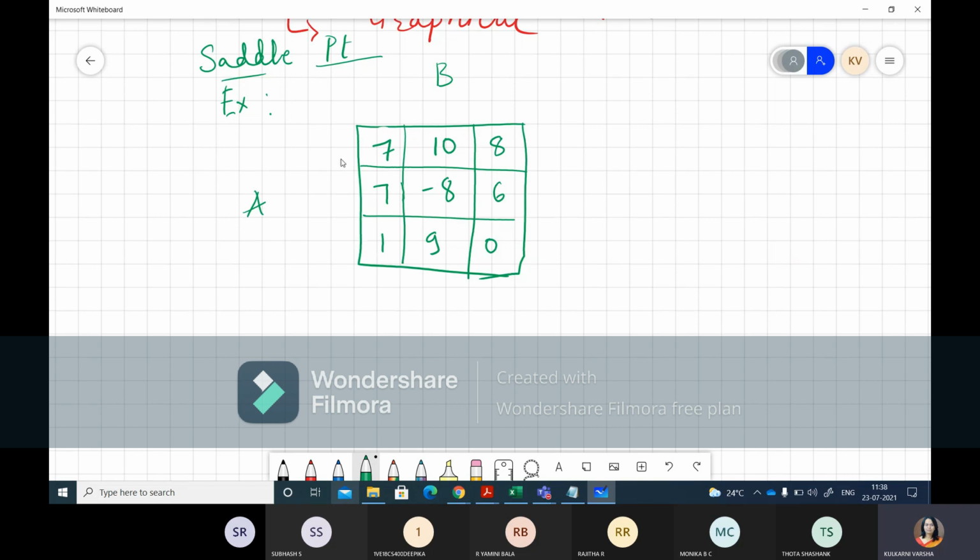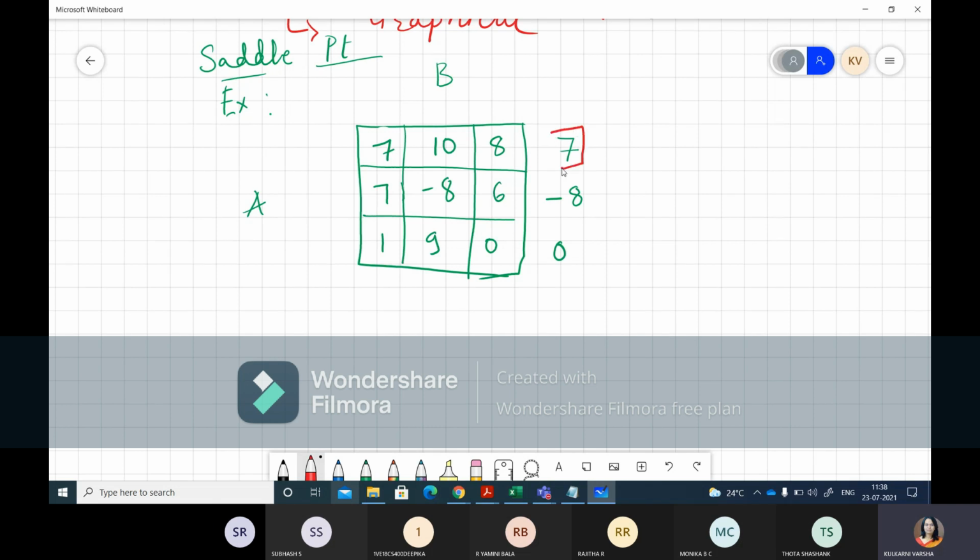So the first step is to find the maximin, that is the row minima. Apply the maximin principle. That means from each row, find the minimum number. The minimum in this is 7, in this is 8, and in this is 0. Among these, which one is maximum?